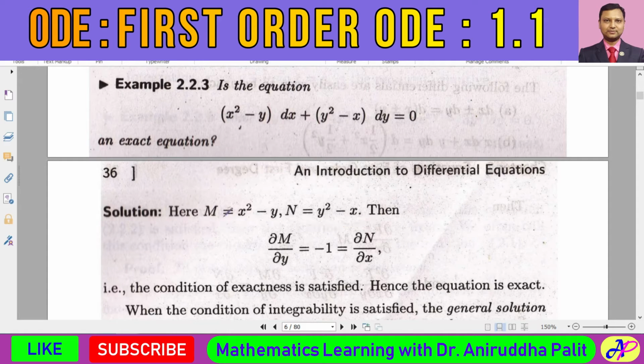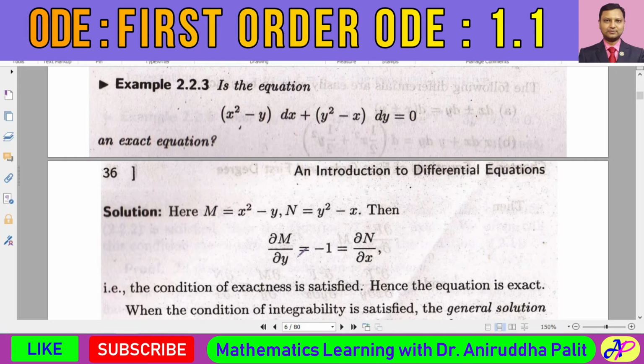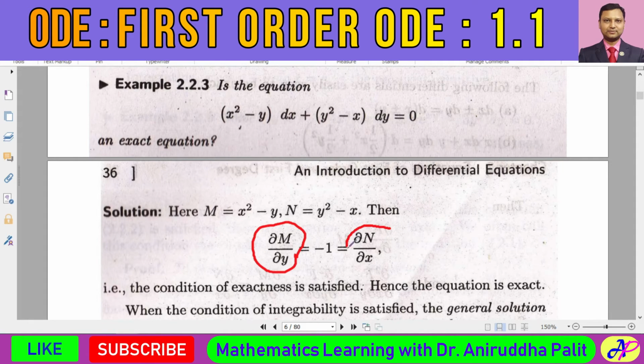Now, what was the condition of exact differential? The condition was that del M del y must be equal to del N del x.